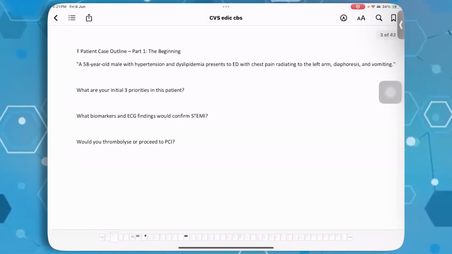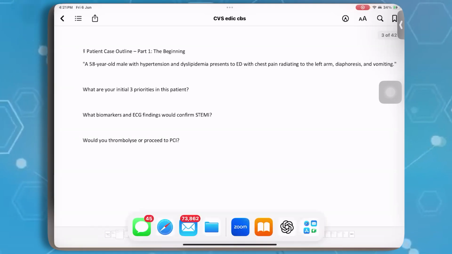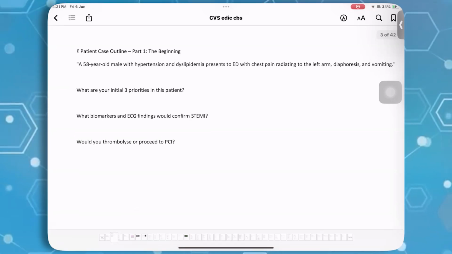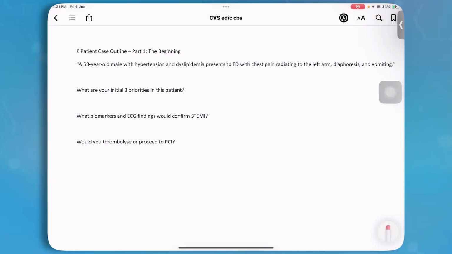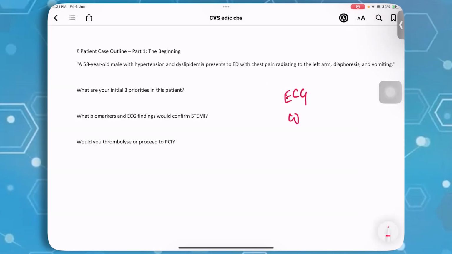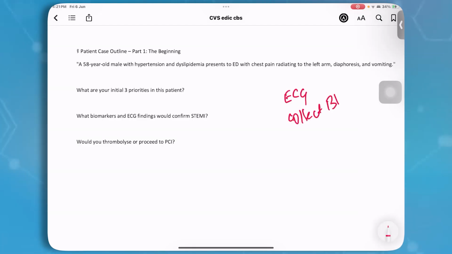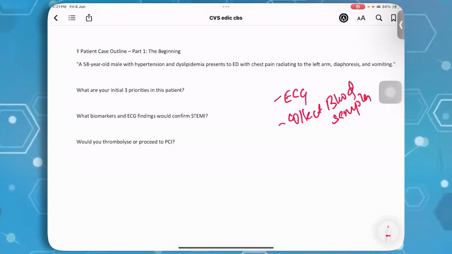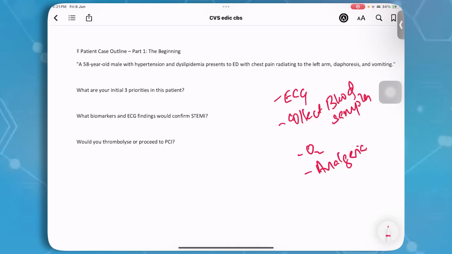For me, my initial three priorities would include an urgent ECG, then collecting blood samples for estimation of cardiac biomarkers, and then resuscitation with oxygen and analgesia. Anything else?